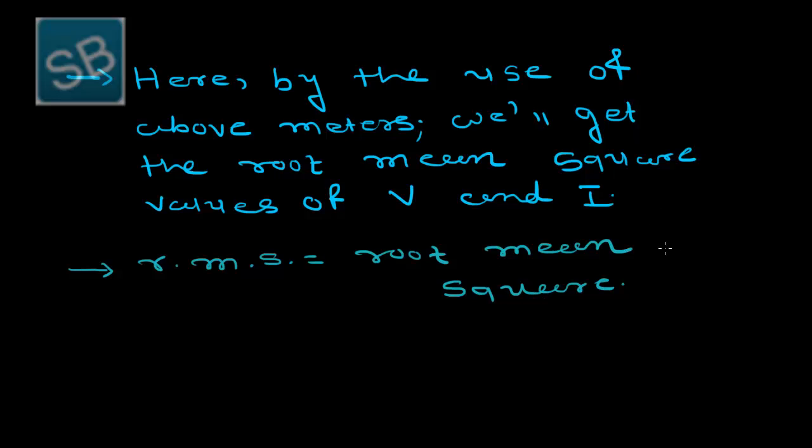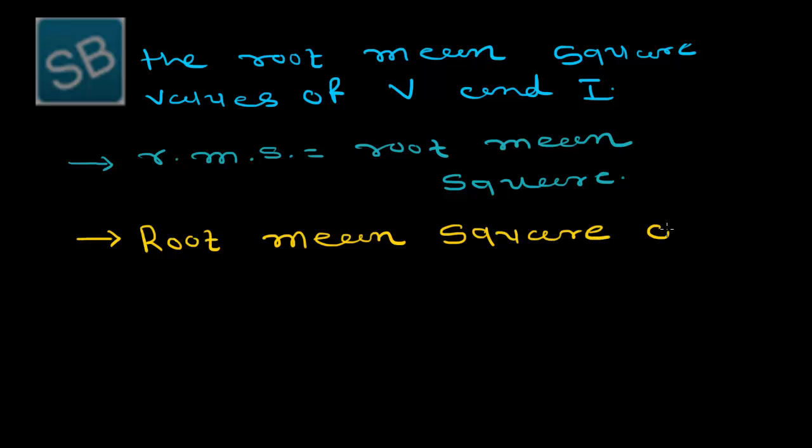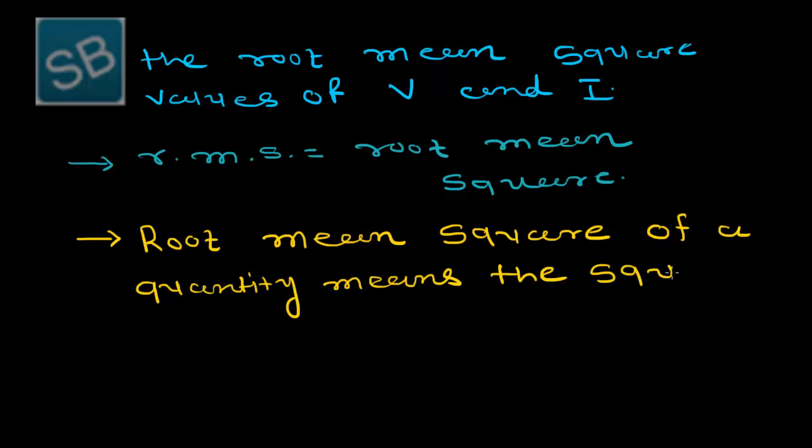Similarly, if you want to write a definition of root mean square, we can write it as: the root mean square of a quantity means the square root of the average of the squares of that quantity.